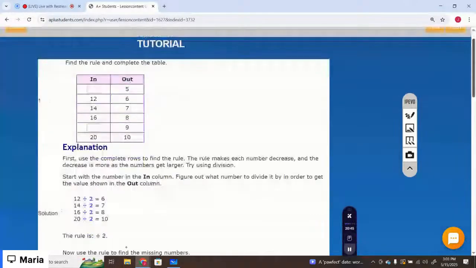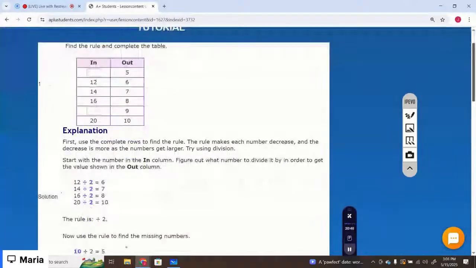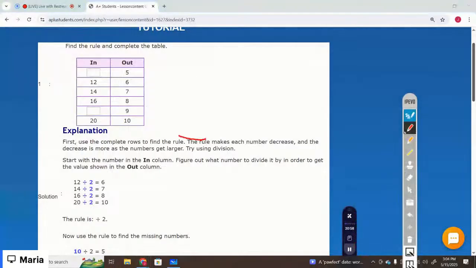Find a rule and complete the table. So you need to find the relationship between input and output. So 12, 6, 14, 7, 16, 8.